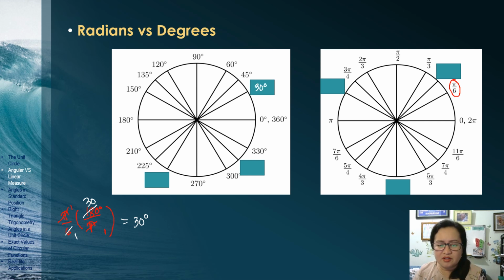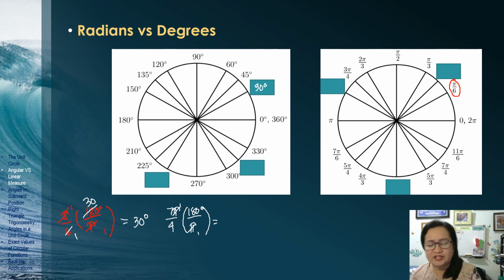Now what about this missing measure between 300 and 330? So getting the equivalent, it's equal to 7 pi over 4. Let's convert that. Let's follow the same procedure. We are going to multiply by 180 degrees over pi. So we can cancel the pi radian. Now we divide the numerator and the denominator by 4.